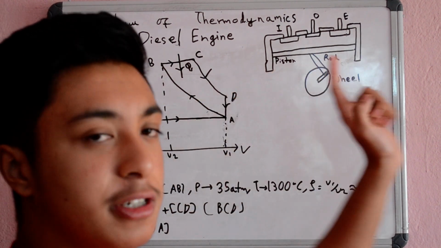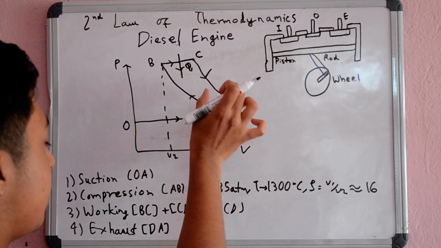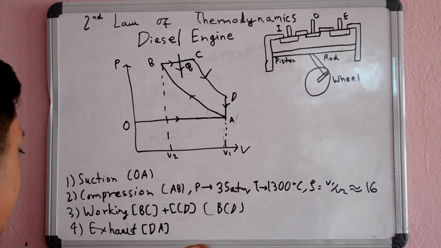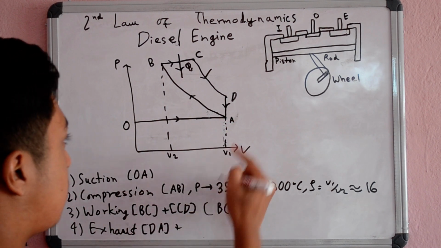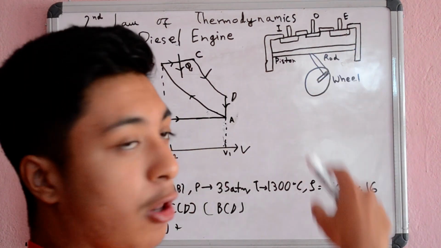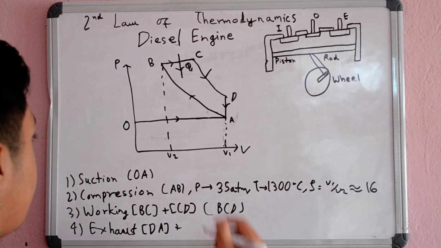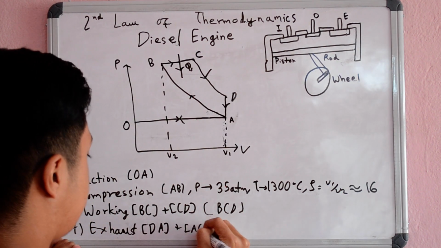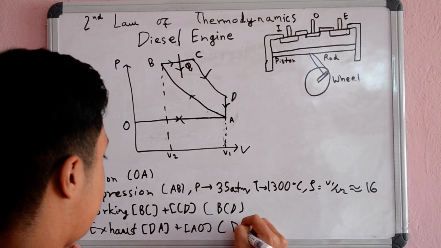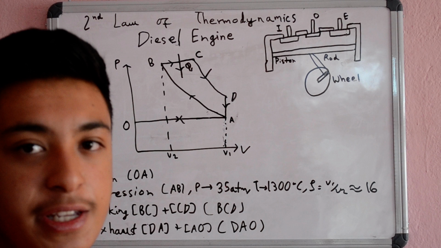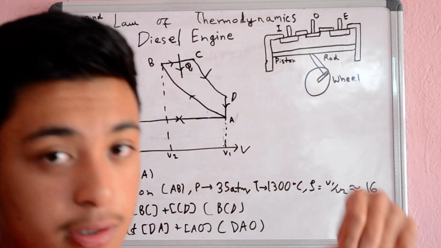Here the piston remains fixed, so there is no change in volume. And now from A to O, the piston moves inward, keeping the exhaust valve open. Thus there is a constant pressure and it goes all the way back to O. So this is AO. So we have DA, AO, and thus the diesel engine is ready for another cycle.